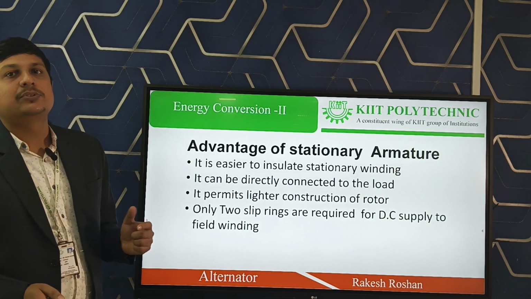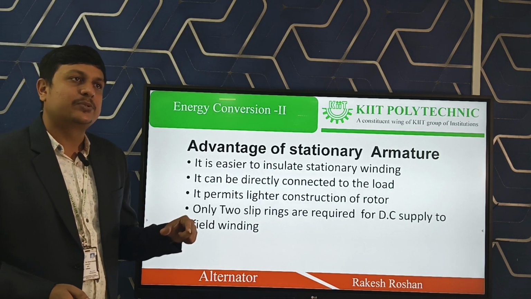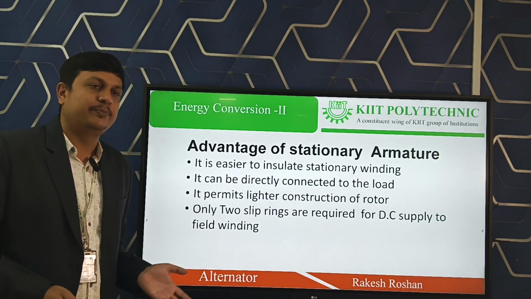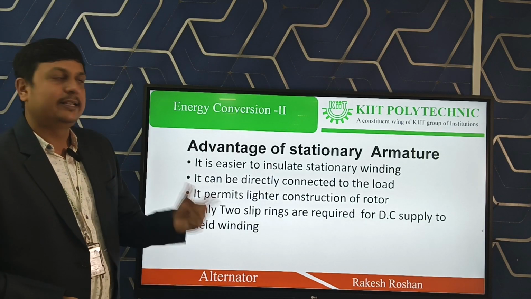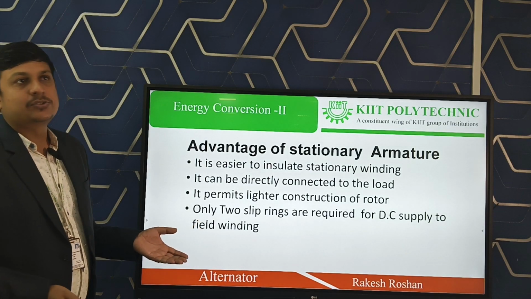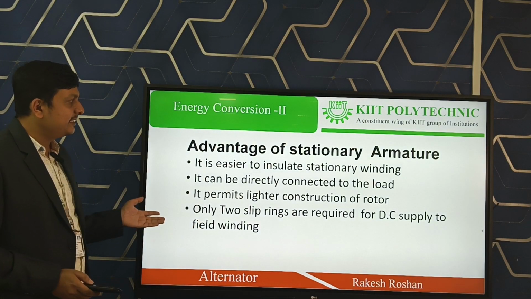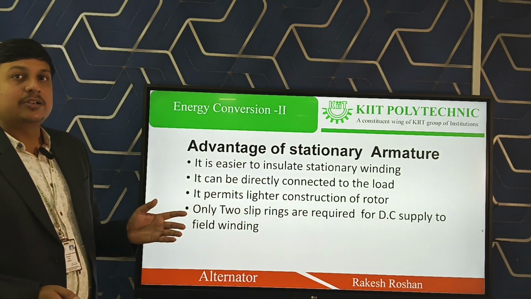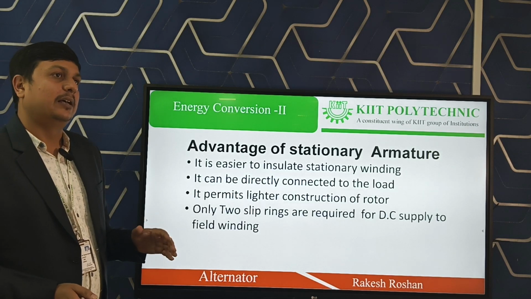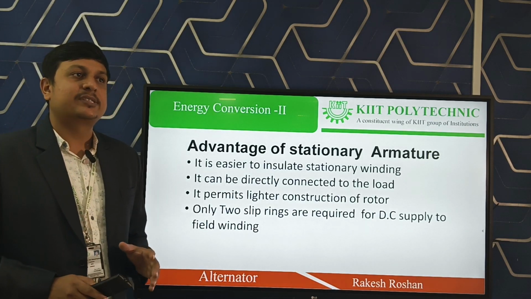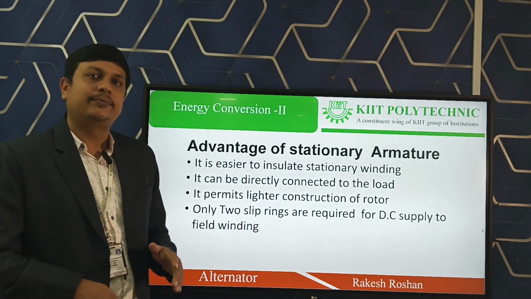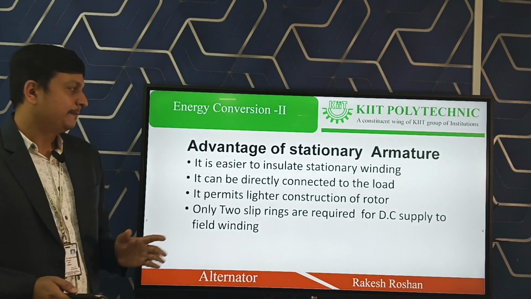We provide thickness of insulation as per voltage rating. If it operates at higher voltage, we have to provide higher thickness of insulation. If it is placed in the stator, providing insulation is easier. If it were placed in the rotor, with such thickness the size of the rotor will be bulky and inconvenient for rotation.